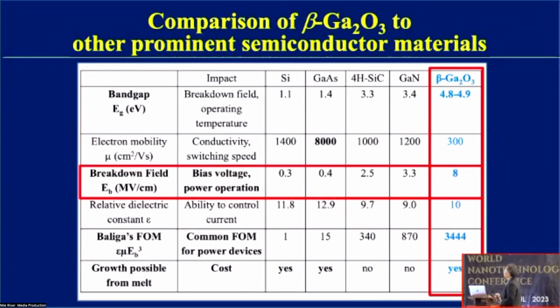Beta-type gallium oxide exhibits a high breakdown field. And then the Baliga figure of merit, the most important parameter for power electronic devices. Beta-type gallium oxide shows a high Baliga figure of merit of more than 3,000, due to the large value of the breakdown field.